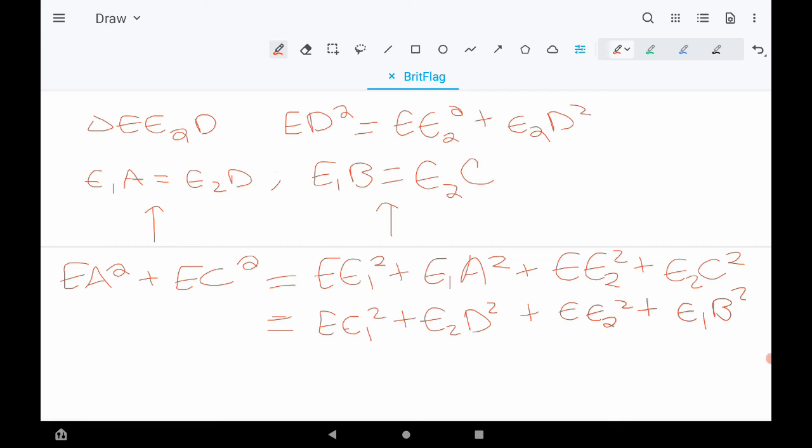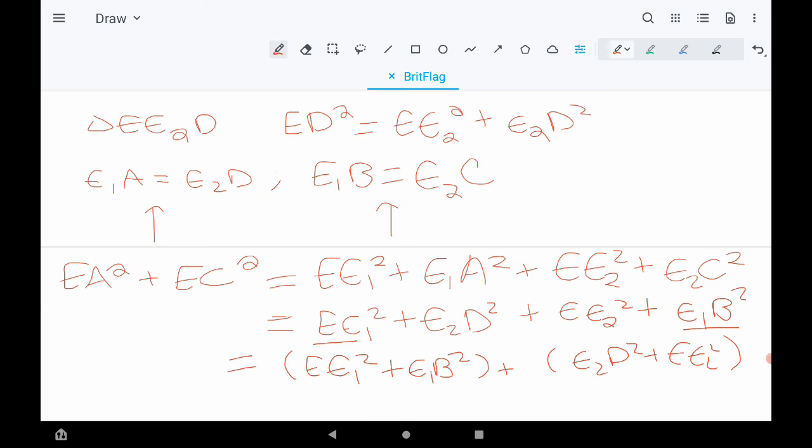Now all we have to do is a little bit of rearranging in some parentheses that give us some clarity and neatness. So E1A squared, I'm going to bring the last term into here, E1B squared. I'm just grouping the first and last terms. And then I'm just going to group the second and third terms, the middle two terms.